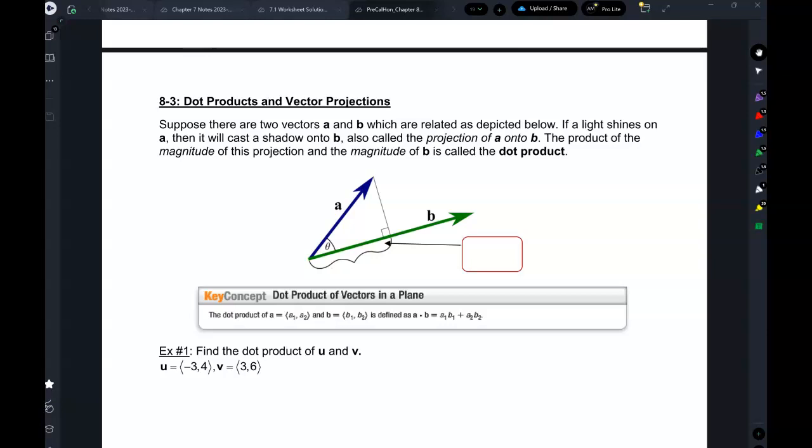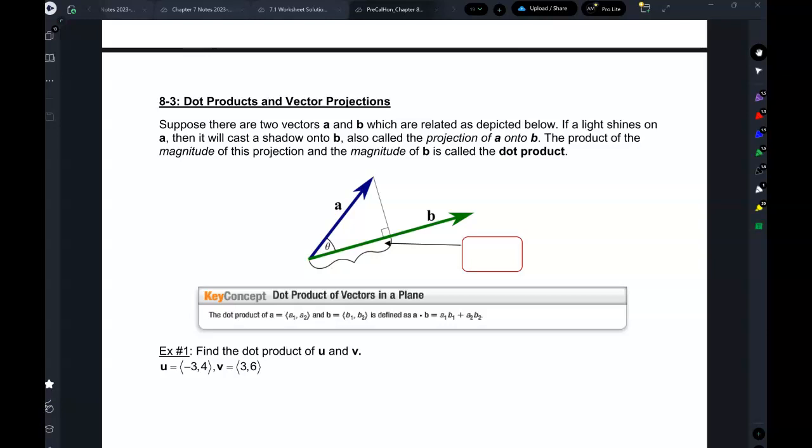Suppose you take a flashlight and hold it perpendicular to B. This vector A will cast a shadow on vector B, and that shadow will have a certain length. In math, we call that the projection of A onto B.